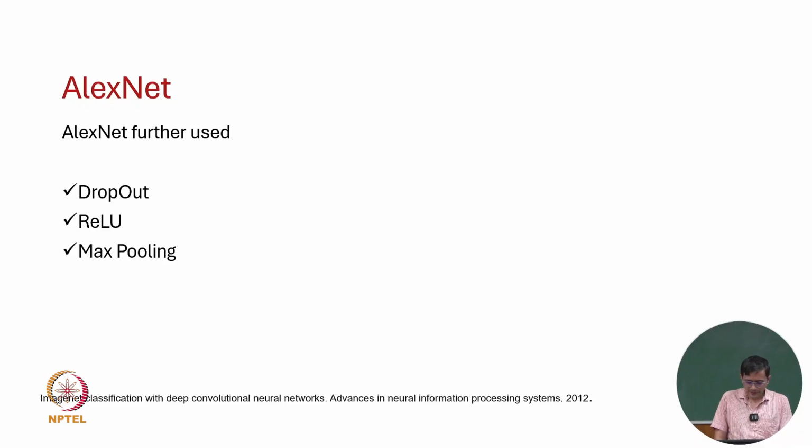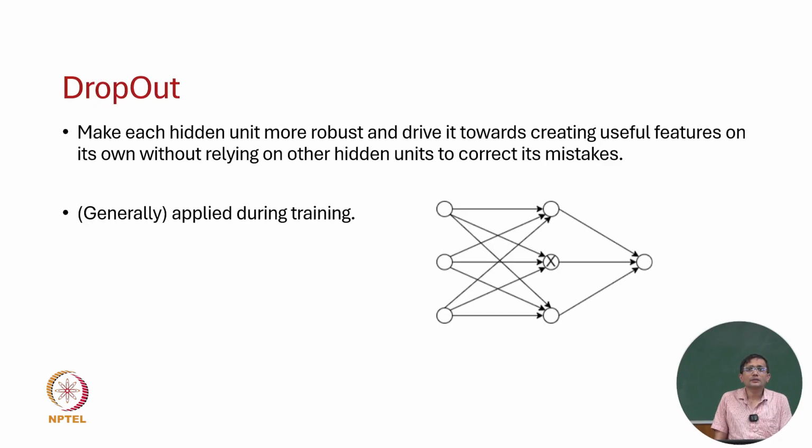However, let us briefly touch on dropout. The idea of dropout is to make each hidden unit more robust and drive it towards creating useful features on its own, without relying on other hidden units to correct its mistakes.